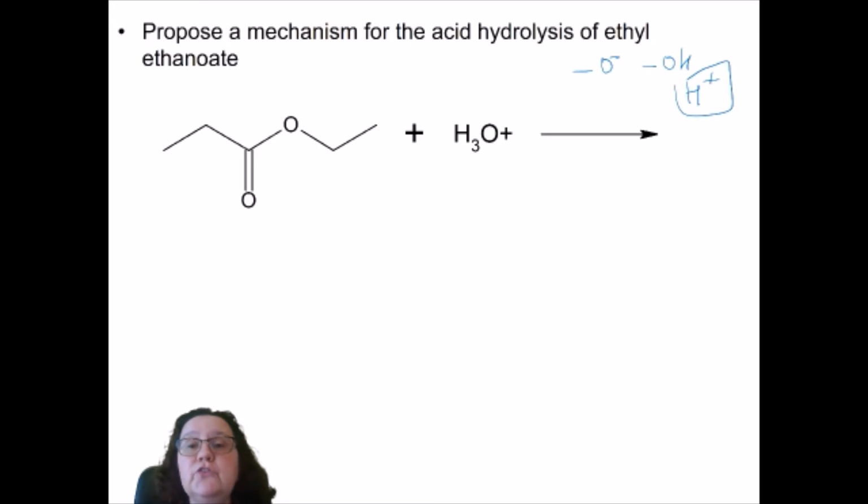And you can use, as you prefer, hydrogen ions with the H plus notation, or if you are more comfortable, you can write the mechanism with hydrogen ions as H3O plus. So please stop the video now and try to propose a mechanism for this reaction.